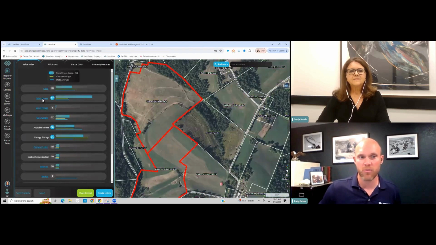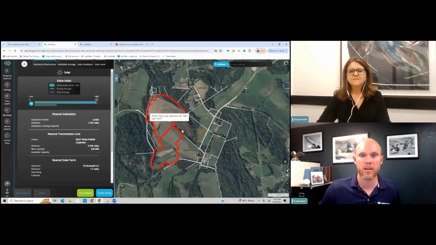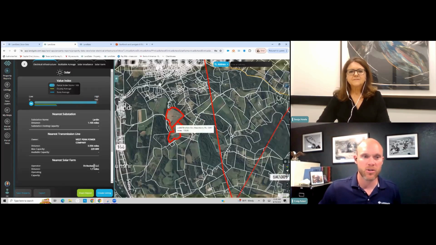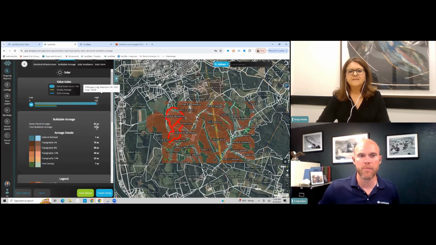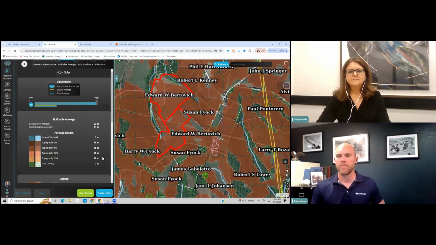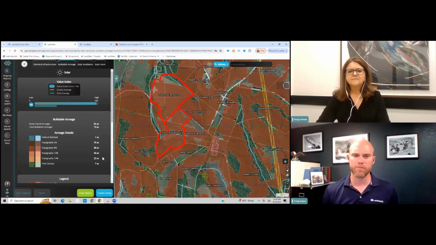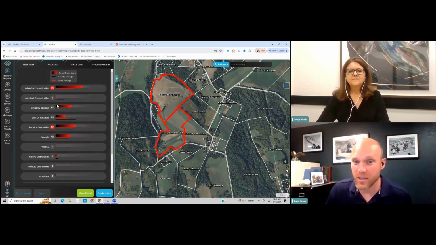We'll touch on solar here really quick. If I wanted to learn about solar information on this property, it's going to tell me transmission lines, substations, and nearby solar farms. It's going to show me how many buildable acres I have. All of this really useful information gives me a good foundation of what I have on my property, what values I could have, what risks I may have.